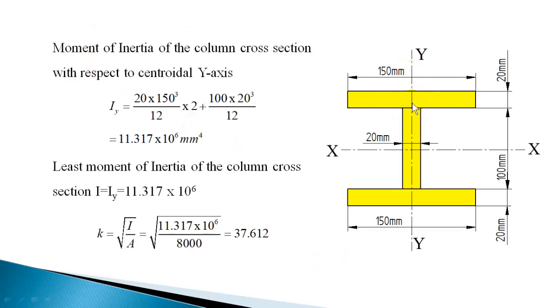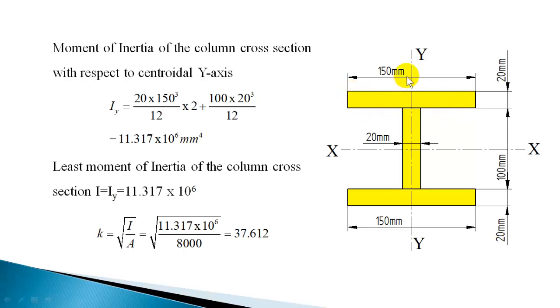You can consider this as 3 rectangles. One rectangle, this top flange and bottom flange, both are similar. And with respect to the centroidal y-axis, you can take the moment of inertia as h b cube by 12, height of that flange into base cube by 12.